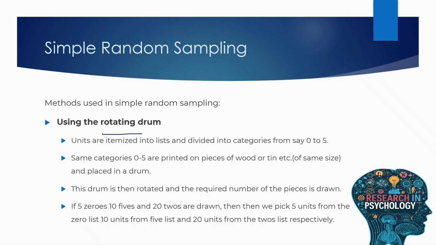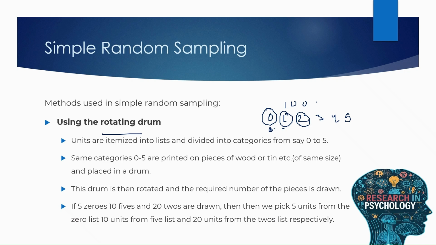Another way to do this is, if I have 100 people, I am going to provide them categories. Like the first person is 0, then 1, 2, 3, 4, 5. And after this again start with 0, 1, 2, 3, 4, 5. In this way, I have these 100 people divided into these categories. So I have a few people who have got number 0, a few people who have got 1, a few who have got 2. This way, I have different numbers of people in each of these categories.